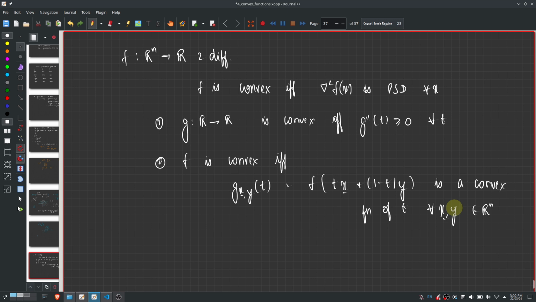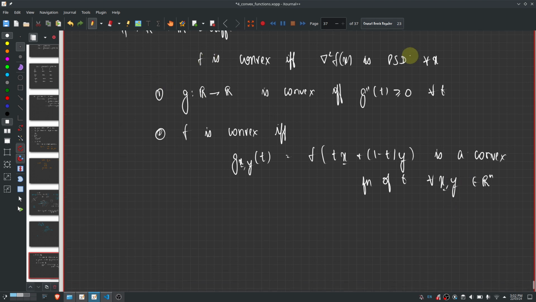Right, we saw this when we defined convex functions. Essentially, you take any convex function in Rn, you take a slice of this, then that slice should also be convex. So it should be a convex function of R. Correct?